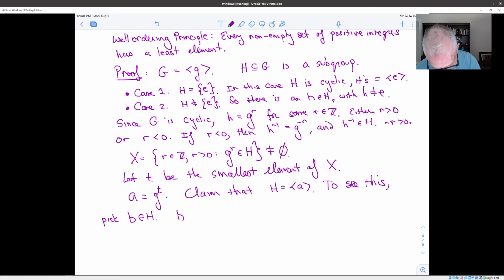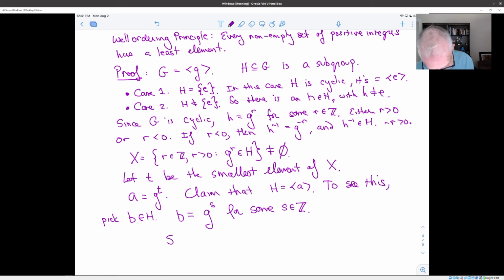And we know that b is equal to g to the s for some s. Now what we do is we use the division algorithm, and we divide s by t.